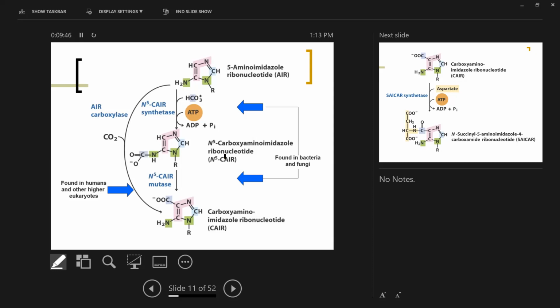So you have NCAIR synthetase, NCAIR mutase, whereas in humans and other metazoans, you use AIR carboxylase. And in bacteria, these two enzymes form a complex. They hand these substrates to each other and everything, and it's pretty cool.